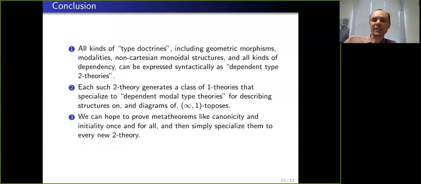I hope, at least, that if we include only these non-recursive operations which arise naturally by these fibrational conditions, then we ought to be able to prove general meta-theorems about those.